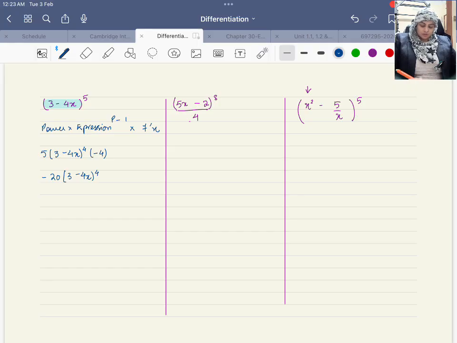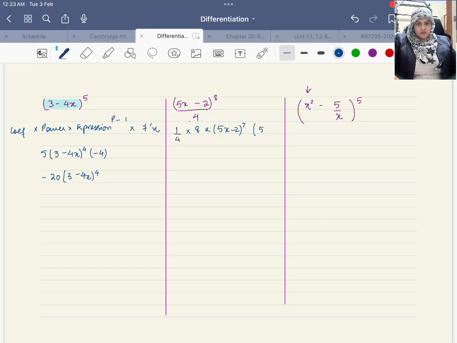That's the answer. Okay, now let's look at this one. We have a coefficient which is a fraction, and the coefficient is 1 upon 4. So what do we do? In this one, we write the coefficient as it is if we have it. So we have 1 upon 4 multiplied by power multiplied by 5x minus 2 to the power 7, and differential of the expression, which is 5.